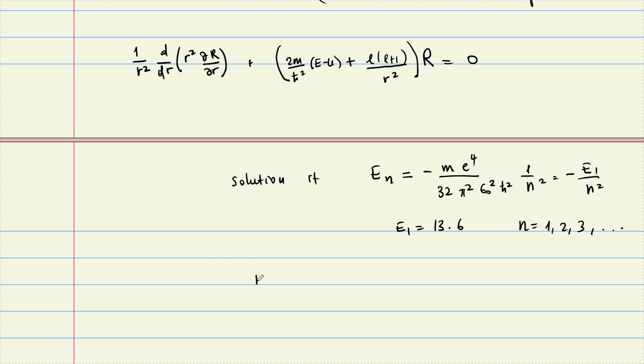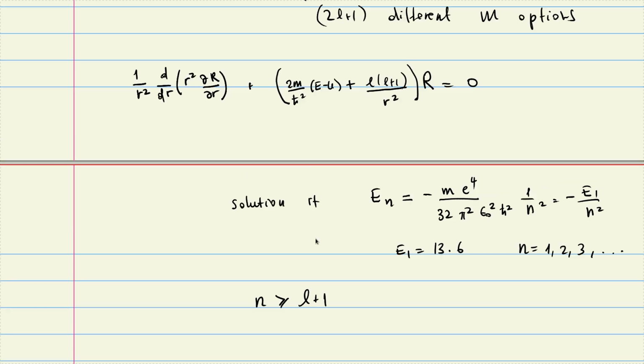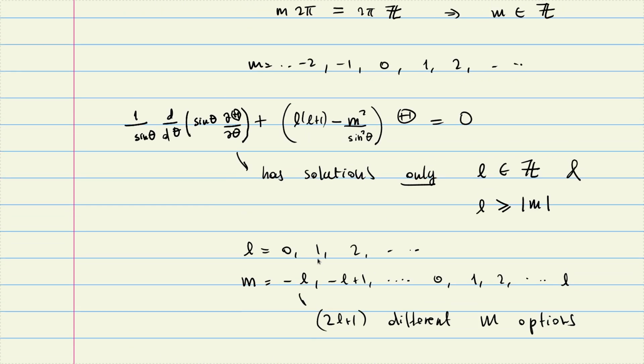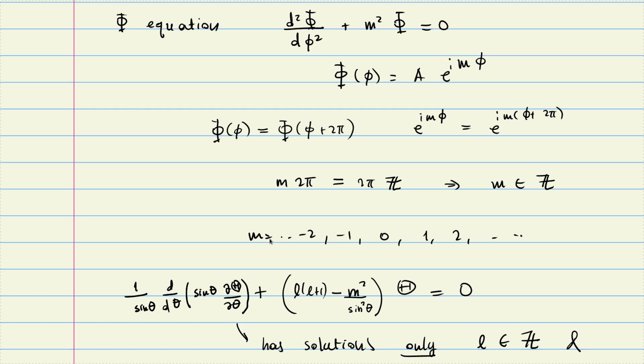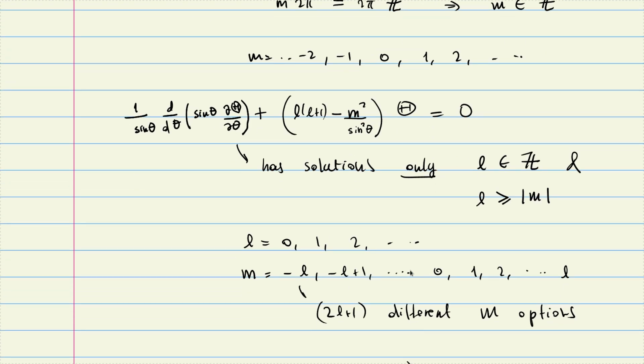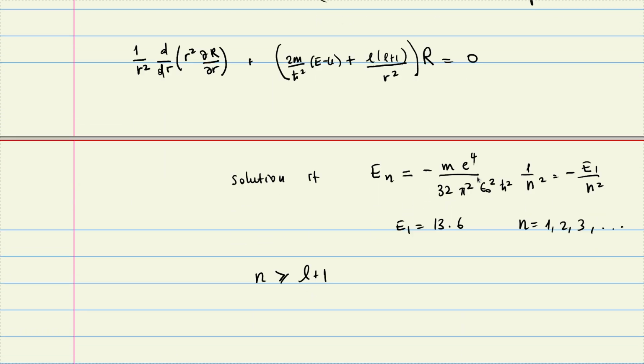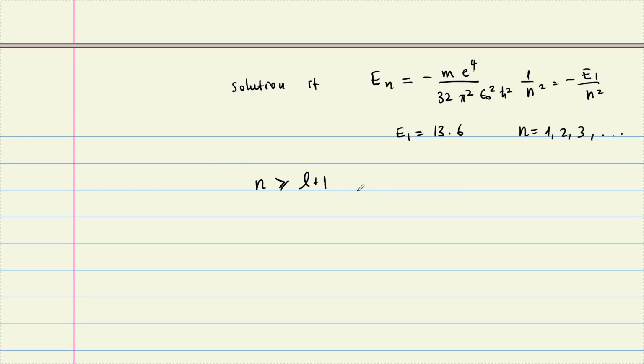But also n has to be bigger than or equal to L plus 1. And this condition is kind of like this m, right? We first said let's solve m, and m gave a constraint on L, or we said we can put the constraint on m rather than L. Now we can do exactly the same thing. So n is supposed to be bigger than L plus 1, so we can summarize all of these rules as follows.